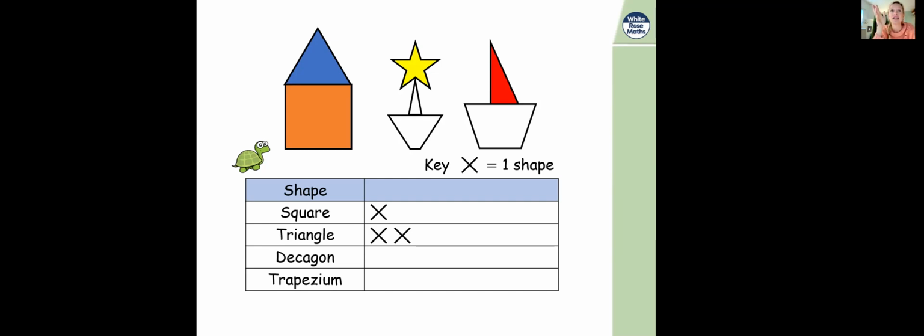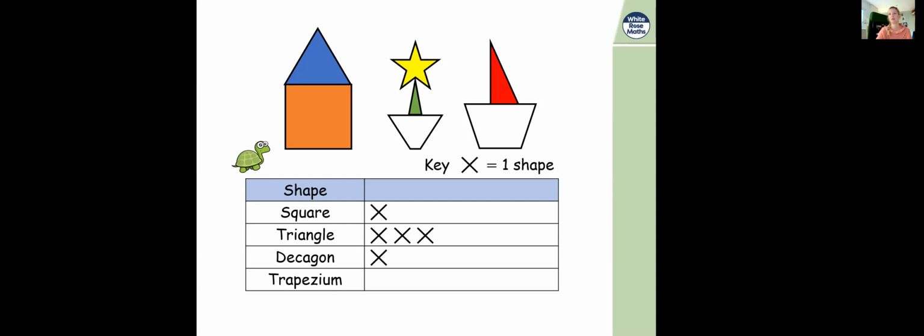There's 10 sides on that star. And what was a 10-sided shape called? A decagon. So we found a decagon shape. We'll put a cross in there then. Oh my goodness. What shape is going to be coloured in next? Another triangle. Let's put another cross into the triangles.